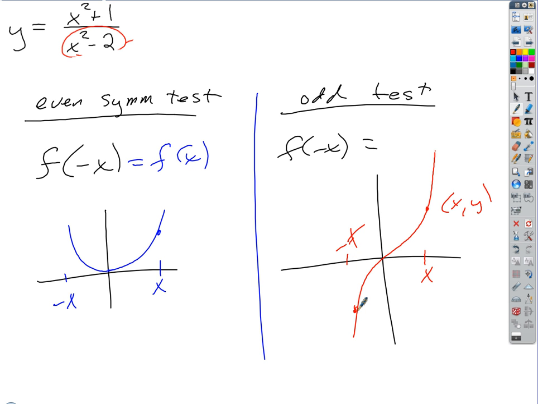So what's the answer going to be? Negative f of x. So those are the tests. If I plug a negative x into my function and simplify, and I get back the very same thing I'd get for a positive x, it's even symmetry. Even if it's a weird function, like a trig function, same thing over here. Make sense? Okay.